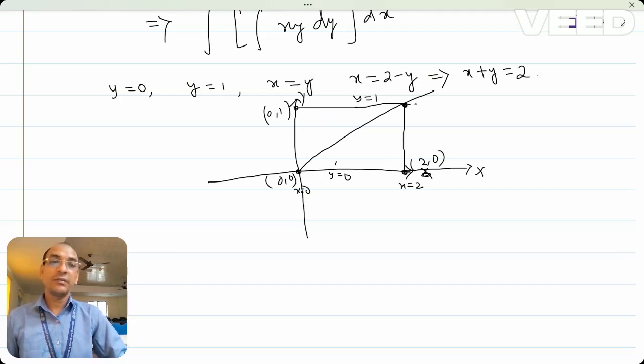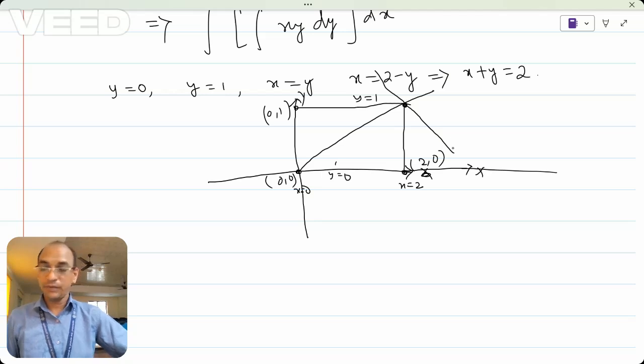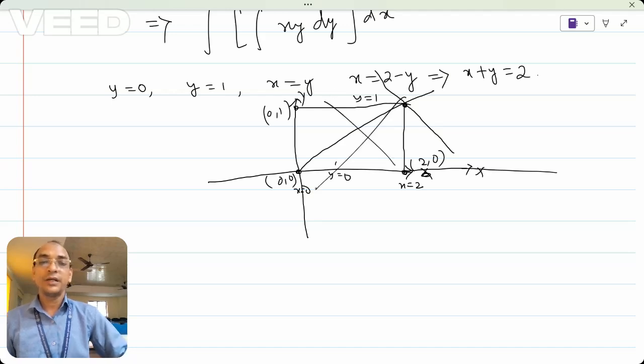So that line we have to sketch. Here 2 I have not marked. Okay, so please ignore this graph.